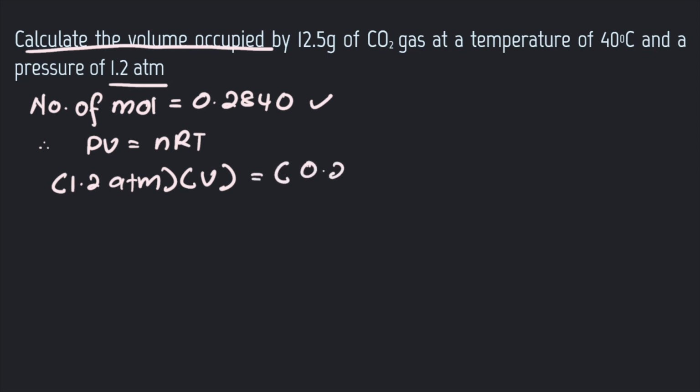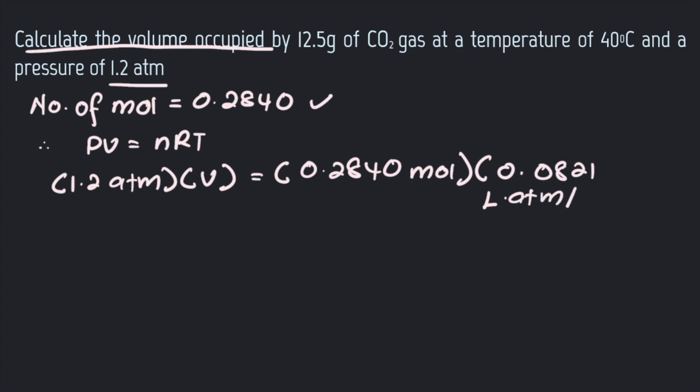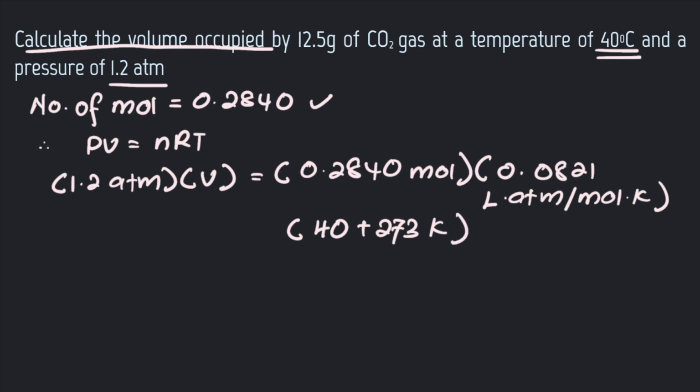N is 0.2842 mole, and your R is the gas constant, 0.0821. Please remember the unit is liter atmosphere divided by mole Kelvin. The temperature is given to you, so make sure that you convert the temperature, 40 plus 273, so that you get the unit in Kelvin.